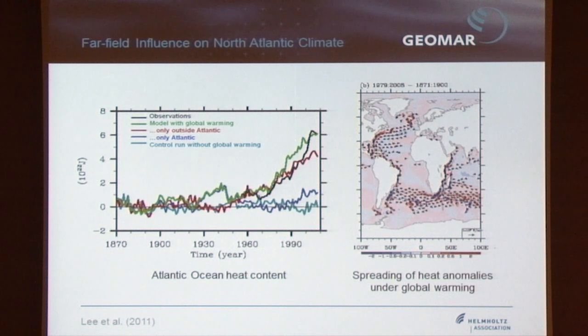One used the anthropogenic forcing only in the Atlantic Ocean, and the other one drove the anthropogenic forcing only outside the Atlantic. Only the model with the atmospheric forcing outside the Atlantic, the red curve, was able to follow the observations, whereas, in contrast, the model with a local effect in the Atlantic alone was not able to explain the rise in the Atlantic Ocean heat content.